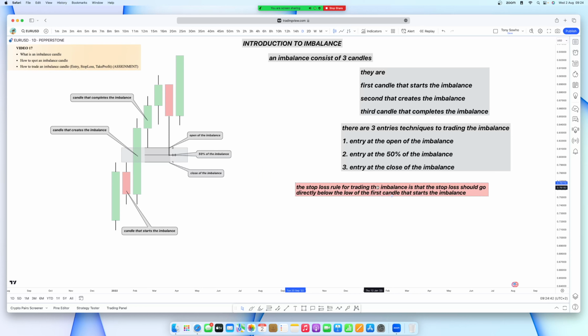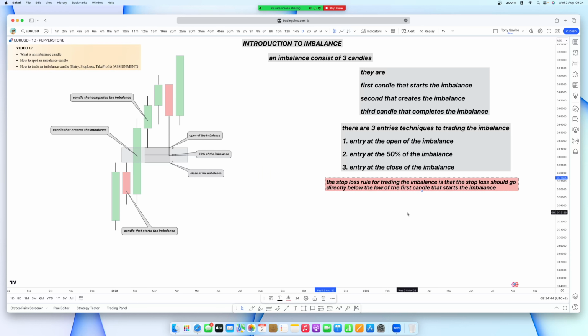Exactly. So now the stop loss rule for trading the imbalance is that the stop loss should go directly below the first candle that starts the imbalance. So now, where is the first candle that starts the imbalance? This is it. This is the candle that starts the imbalance. What this is saying is that your stop loss is going to be here.